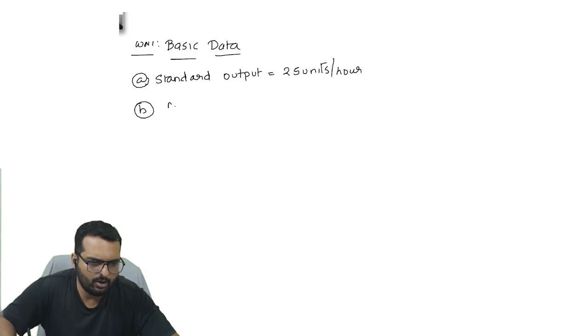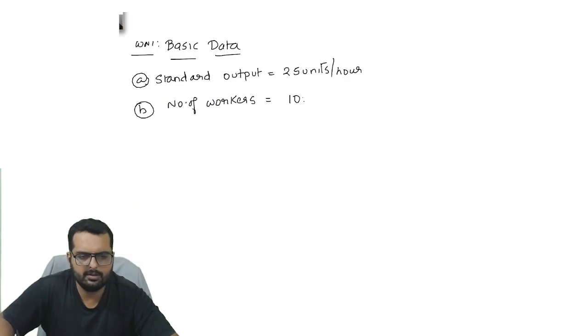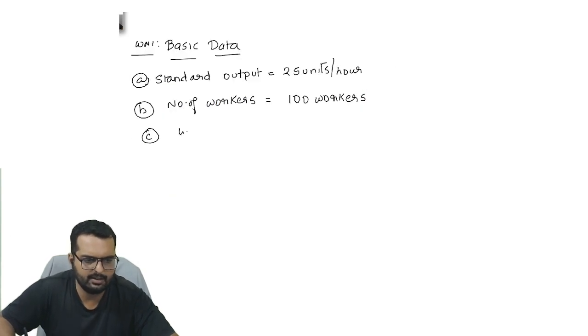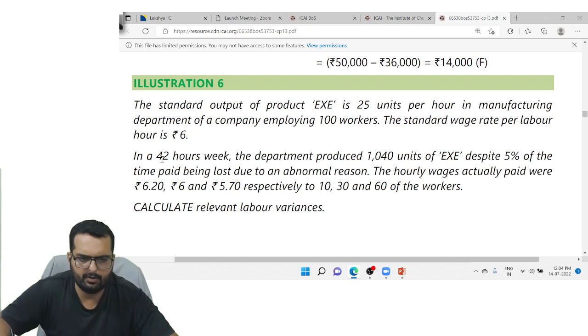And the company is having how many workers? Number of workers is 100 workers, and the standard wage rate is turning out to be how much? 6 rupees per hour. All right.